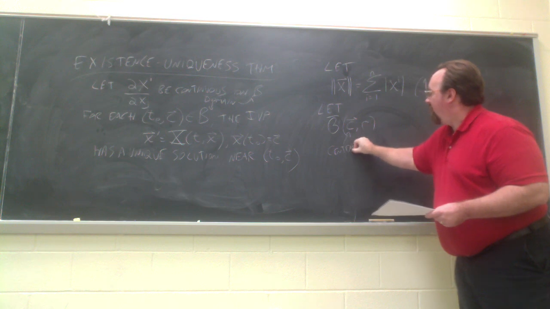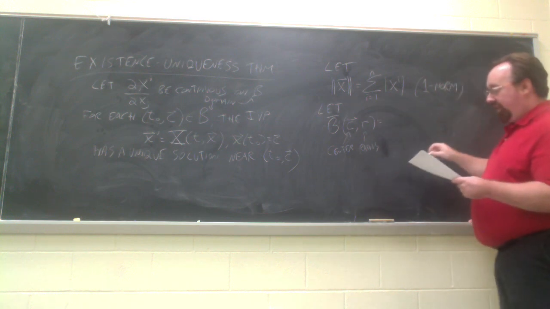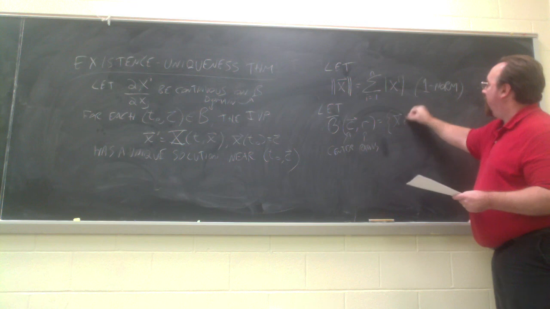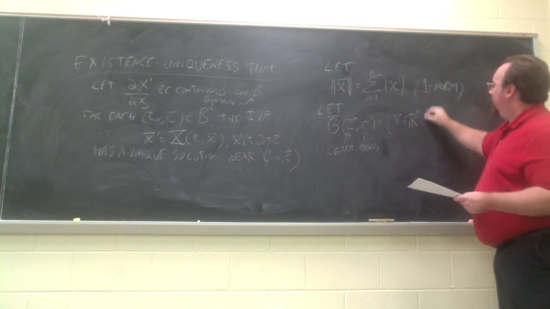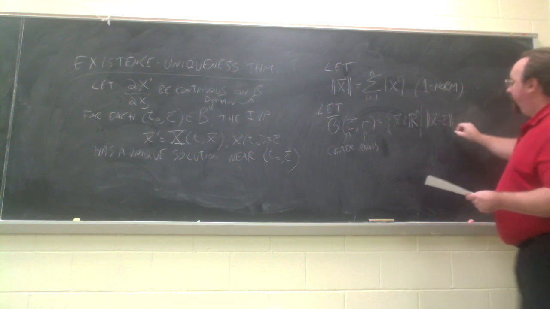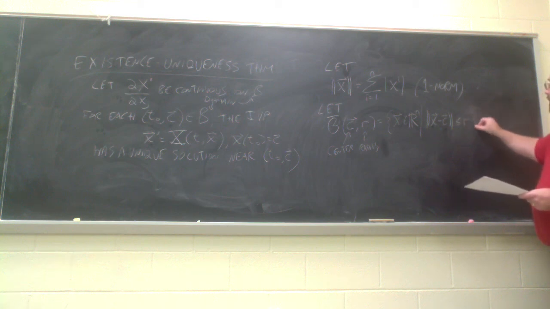So this is a ball in n-dimensional space. And it's just a set of all points in Rn such that the distance between a point and our center C is less than or equal to r.